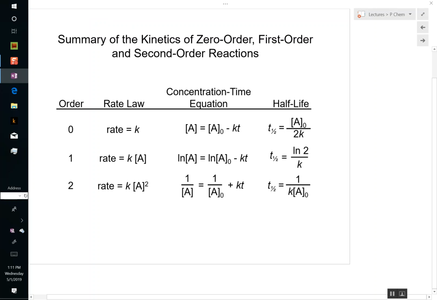This is where I'm going to add one more simple little exercise for you to do with the homework. Here is summarizing zero order. The rate is equal to k. Here's the integrated zero order rate law and the half-life.